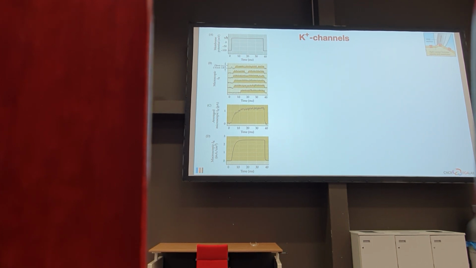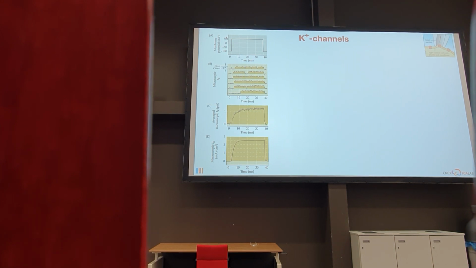Maybe there's some other thing that you notice: this is a step that you give, but the response always looks like this. It has some exponential time constant to arrive at the new equilibrium current, okay? So it takes some time.